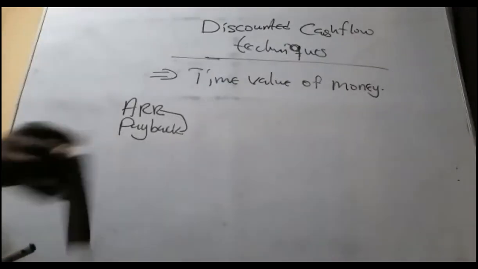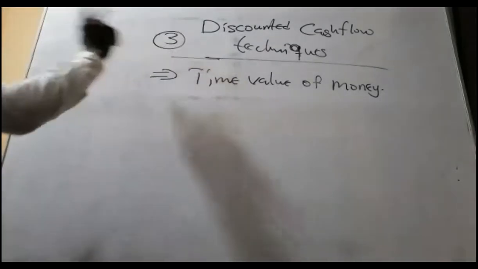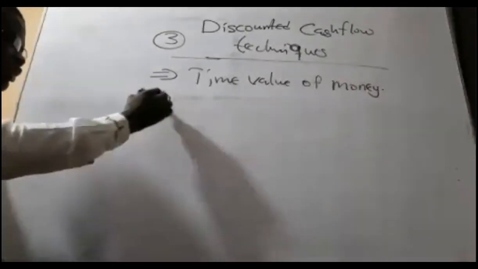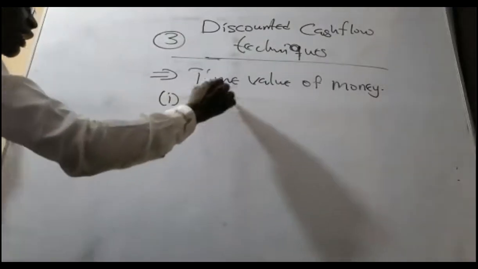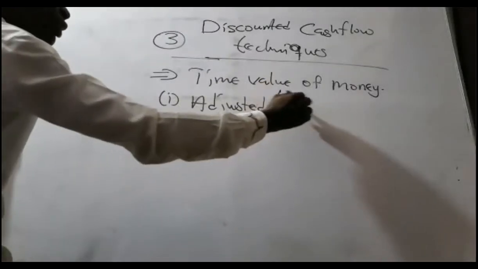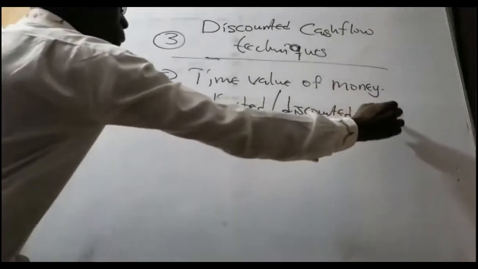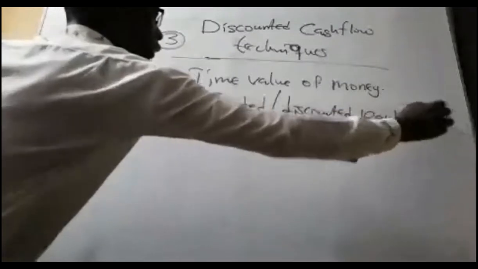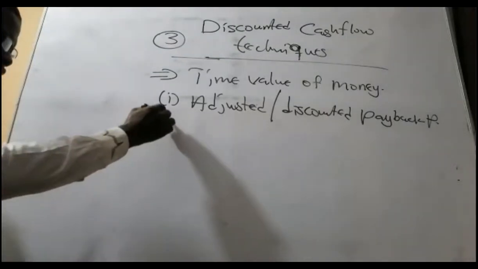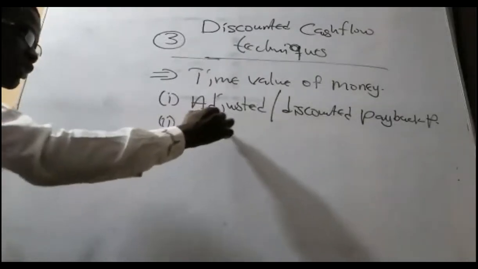The first technique that we are going to look out for is the second part of the payback, number 3 in the notes: the adjusted or discounted payback period. The second approach is net present value, NPV.